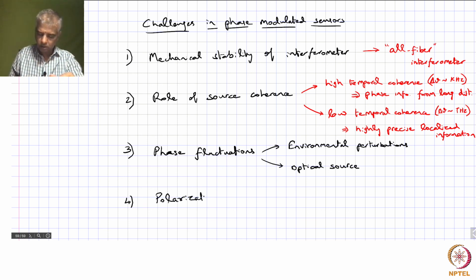what we have not talked about is actually the polarization. What is the role of polarization in doing these phase modulated sensors? So we clearly understand that phase modulated sensors are based on interference principles.